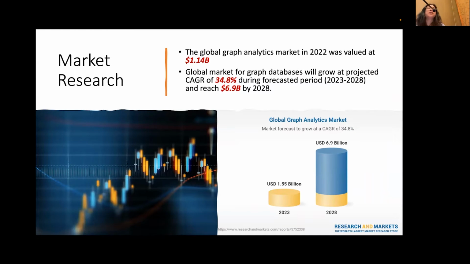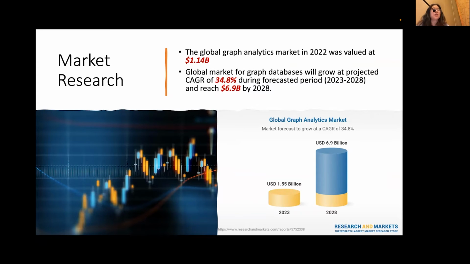Okay, so let's start with a little bit about market research. According to a market research company called Research and Markets, the global graph analytics market in 2022 was valued at $1.14 billion. And the market is projected to grow at 34.8% and reach about 6.9 billion by 2028.